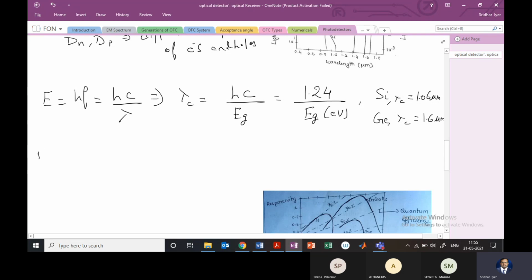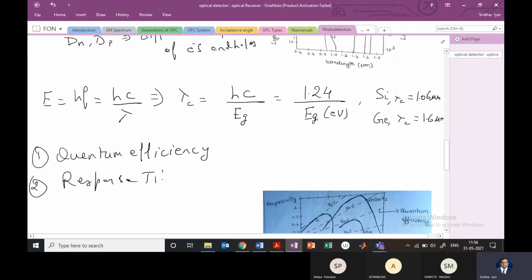And here we want to calculate what is known as the quantum efficiency, and the second is the response time. So we want to calculate these aspects when it comes to characterizing any photodetector, right?